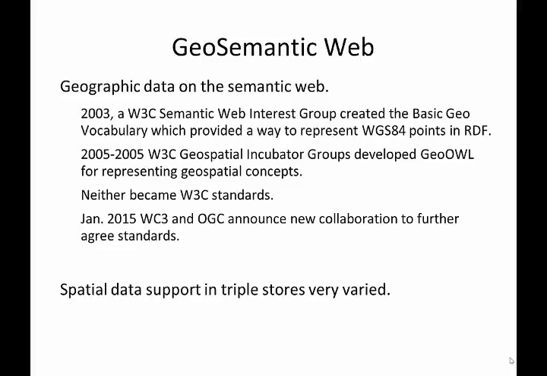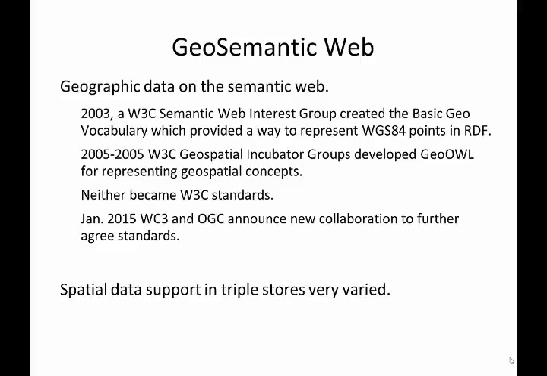So basically, in 2003, the W3C started an interest group deciding how do we implement geographical concepts, coordinate systems, etc., in the semantic web, and they came up with a basic RDF model for storing WGS84 points.